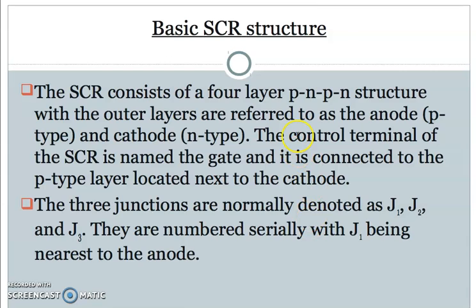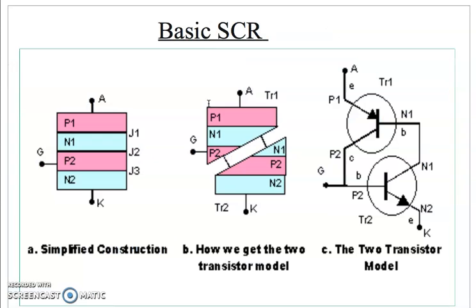The basic structure of SCR consists of a 4-layer PN structure. Means P layer, then N layer, P layer and N layer. Such 4 layers are present in the structure. Let me show. First P layer P1, N1, then again one more P layer P2, one more N layer N2.